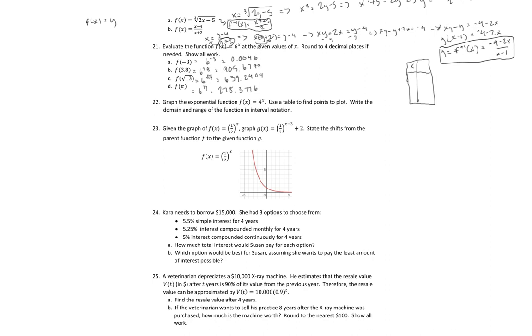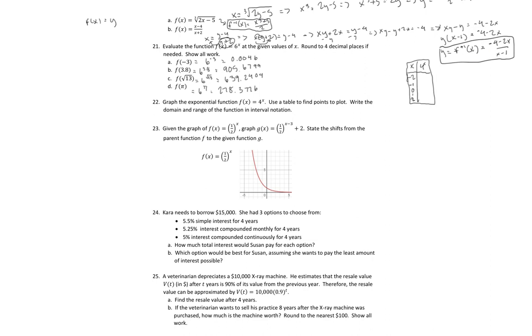So that's going to be just 4 to the x, right? Or our y's. And so let's start at negative 2. And then we can go to negative 1. And then do 0 and 1 and 2. We can just go that far.